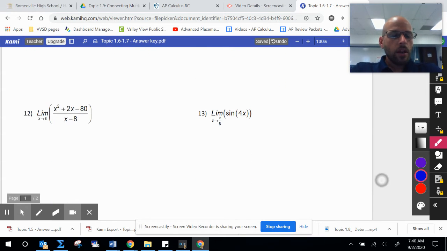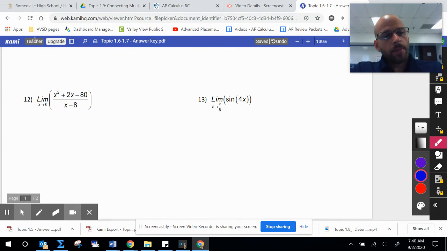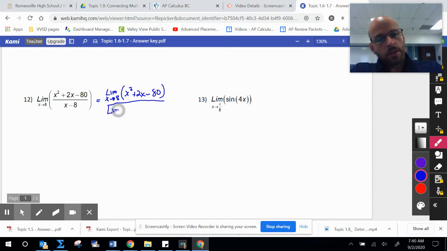Okay. For number 12, I have a quotient, so I'm going to do the limit as x approaches 8 of the top, x squared plus 2x minus 80, all over the limit as x approaches 8 of x minus 8. If you evaluate the top, it does give you 0. If you evaluate the bottom, it does give you 0.